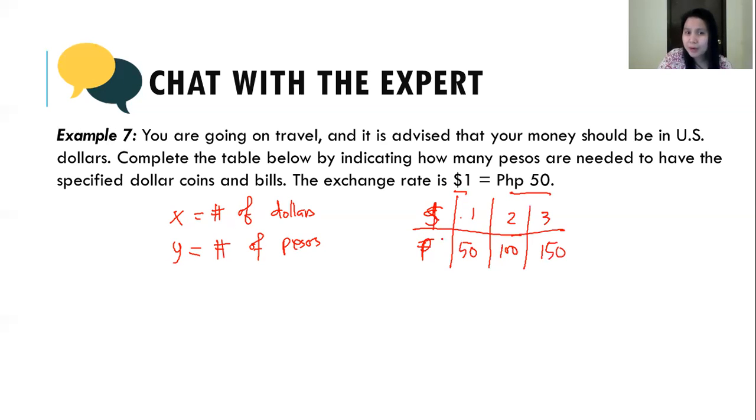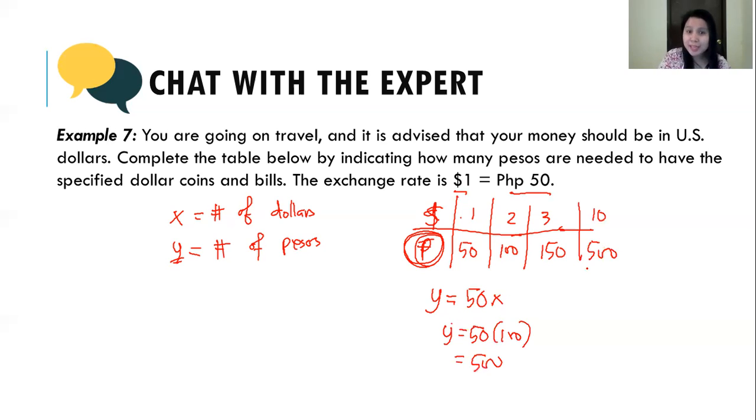So how will I write my peso function, my y function? So that's y is equal to 50 times x. Example, if I have $10, that's my x. So y equals 50 times 10. That's 500.